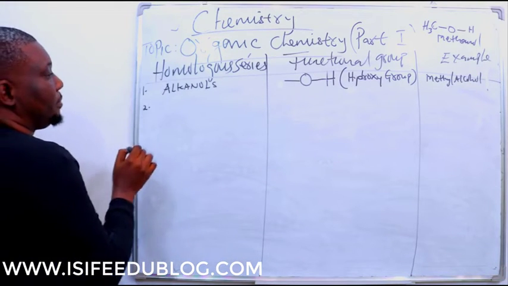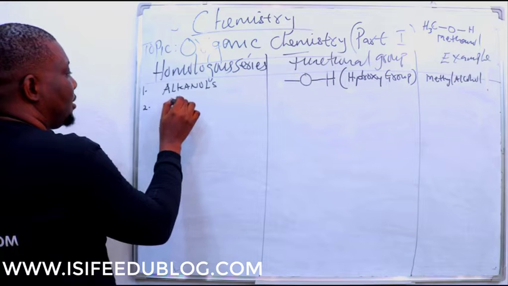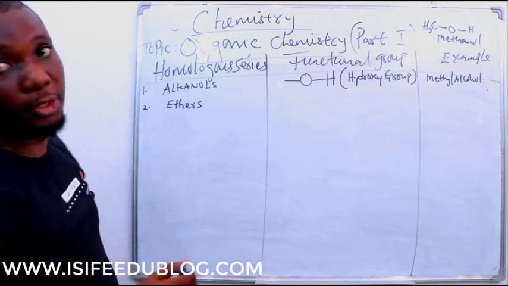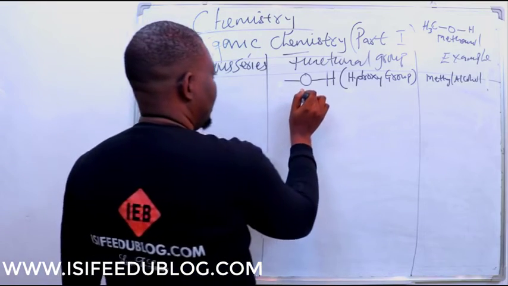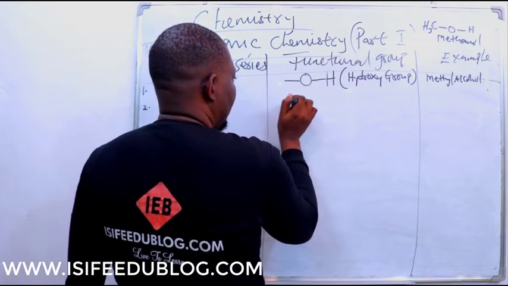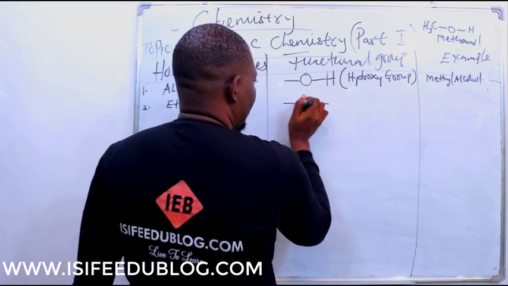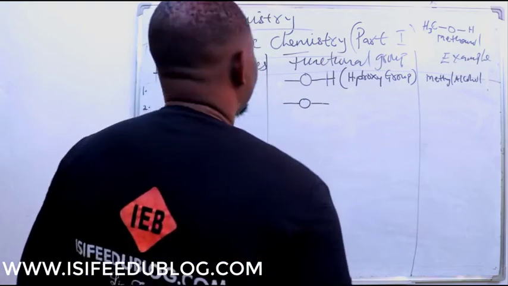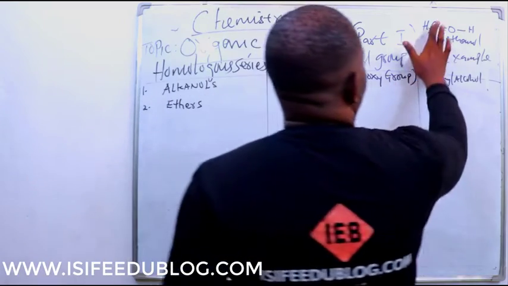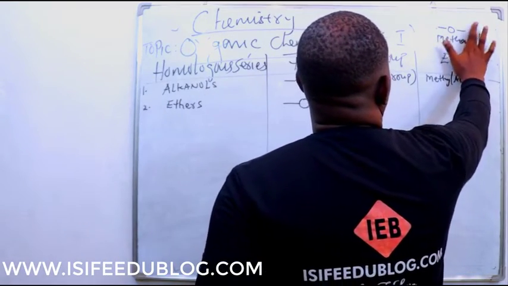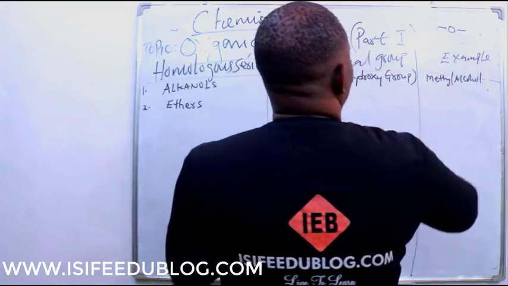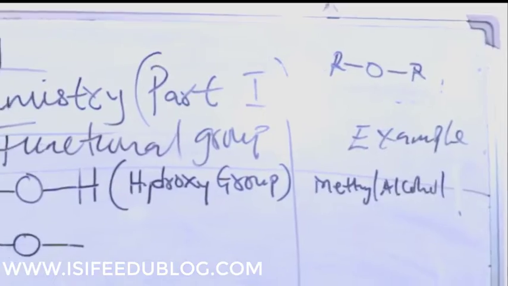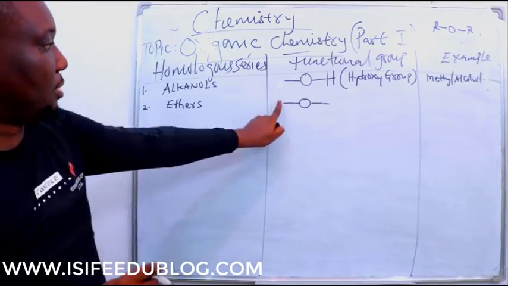So we have ethers. Ether is an atom, not a group of atoms, whereas this is a group of atoms. Ether is just oxygen. That's the functional group of the homologous series. And then ethers is a case where you have this oxygen having 2 open chains, R. This place is our open chain.